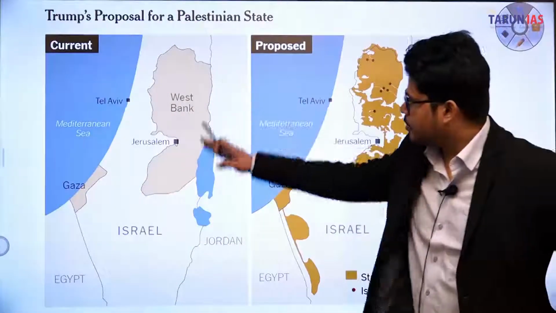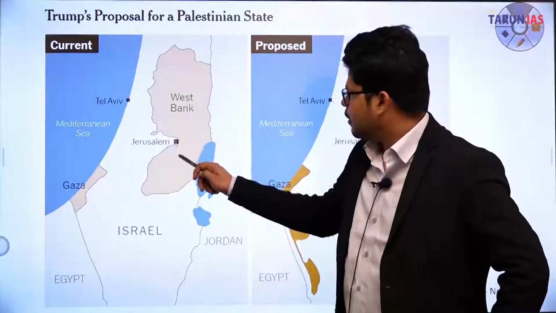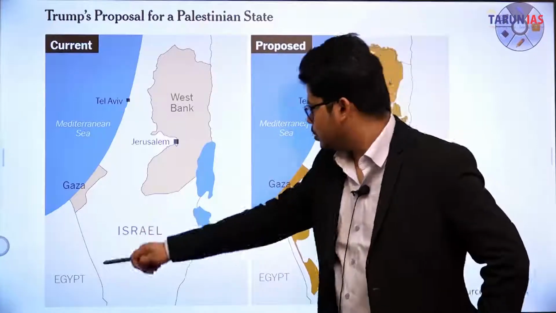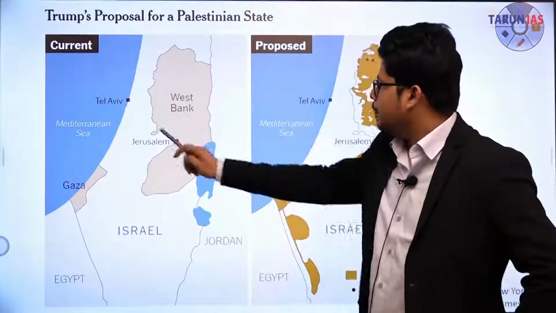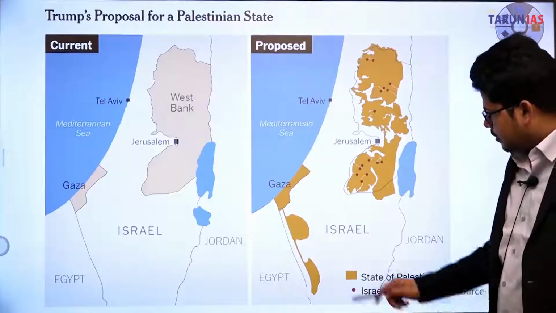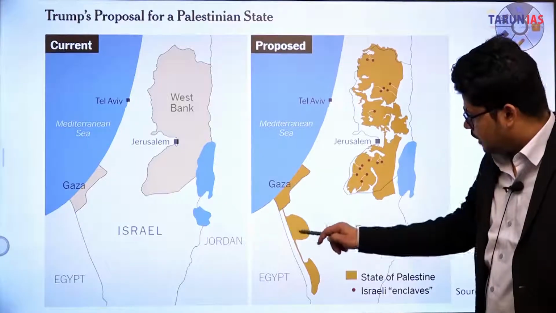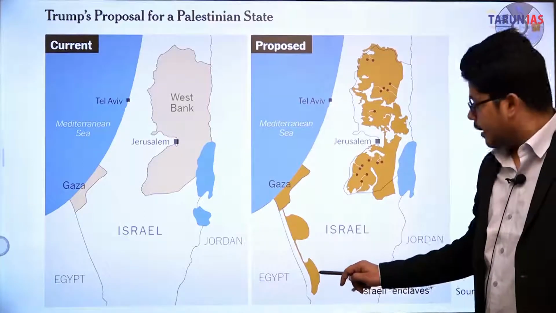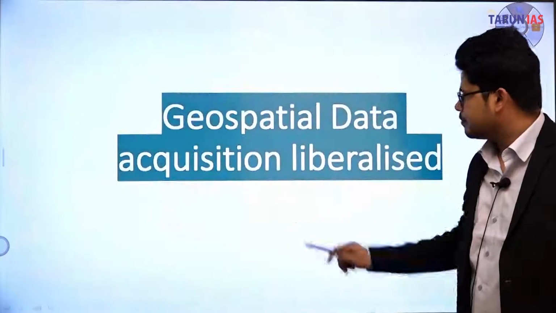This is the current status. This is Tel Aviv, Jerusalem. Jerusalem is mostly governed by Israel. This is Israel, Egypt, Jordan, Lebanon, Mediterranean Sea. The Trump's peace plan says that this area and this area will be Palestinian, and they will be connected through tunnels.